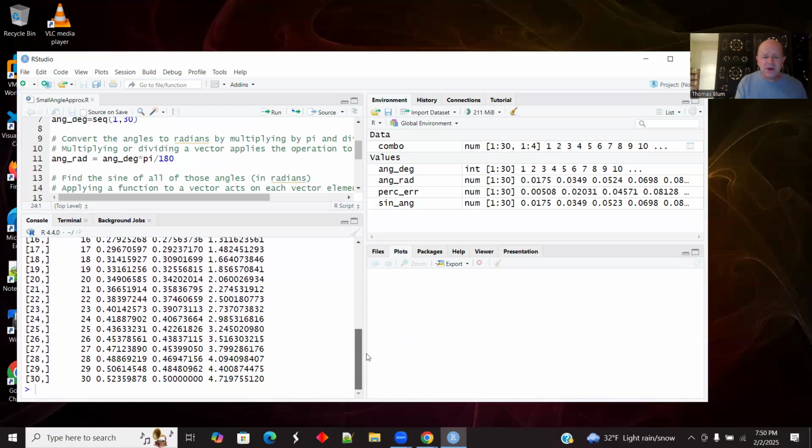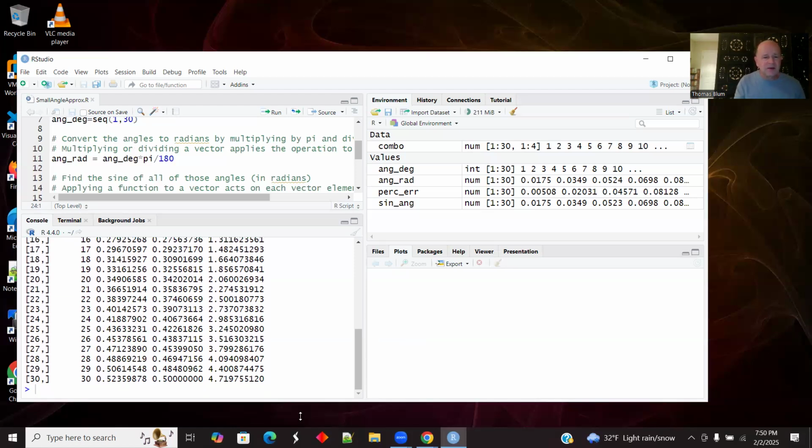And say if I was going to go up to 5 degrees, sorry, 5%, if I was allowing an error of up to 5%, then I can go even a bit higher than a 30-degree angle.